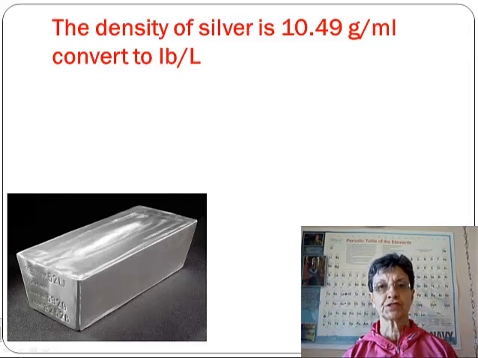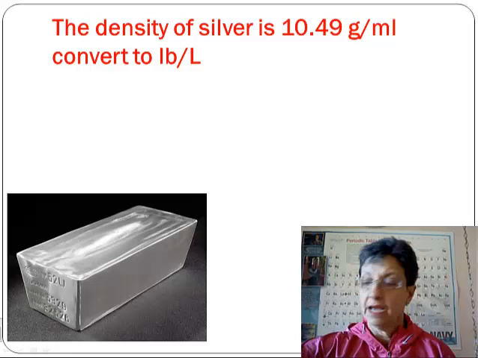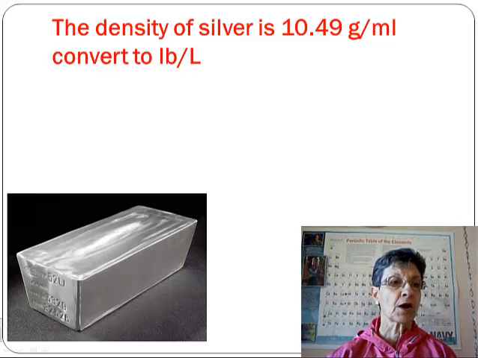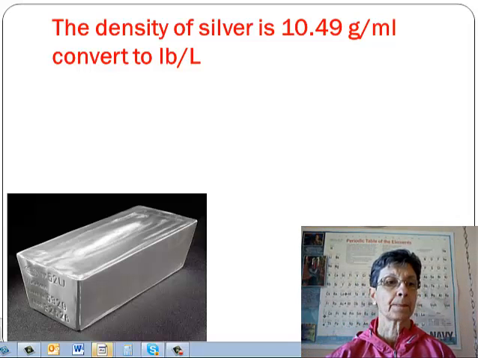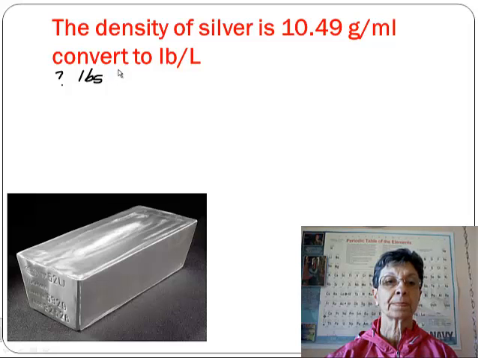The density of silver is 10.49 grams per milliliters, and we want to find out what that density is in pounds per liters. So I'm going to begin this problem by, first of all, writing down what I'm looking for. And what I'm looking for is pounds, LBS for pounds, per liters, because that's where I want to go.